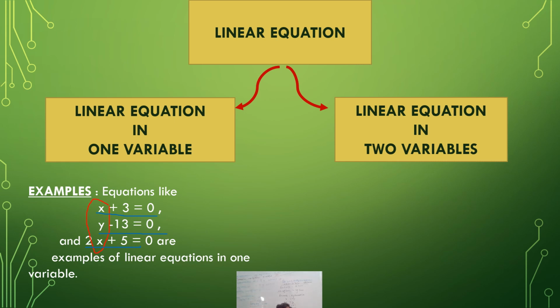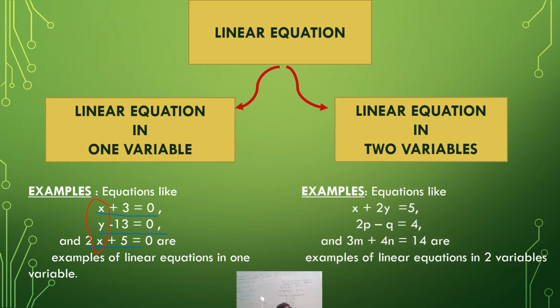Now, let us move into linear equations in two variables. Students, observe here. Equations like x plus 2y equals 5, 2p minus q equals 4, 3m plus 4n equals 14. What are the variables?